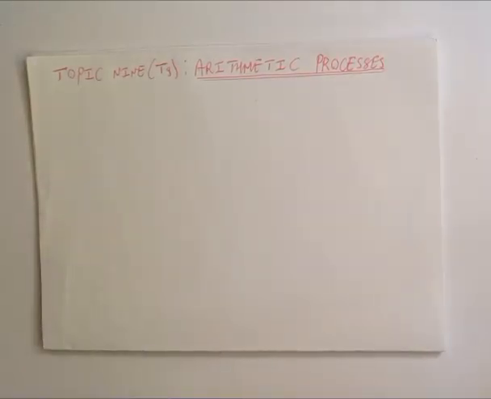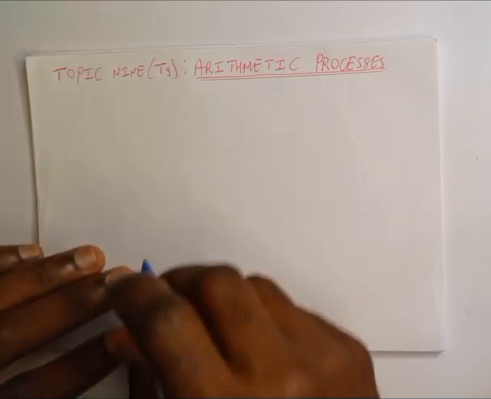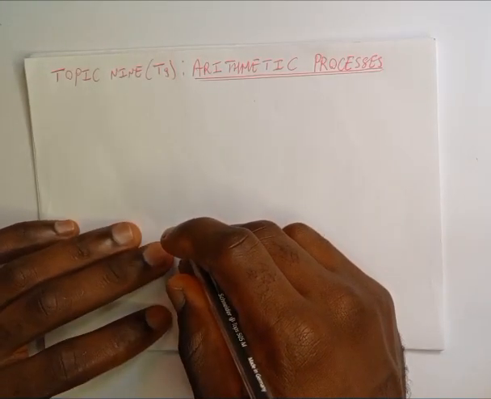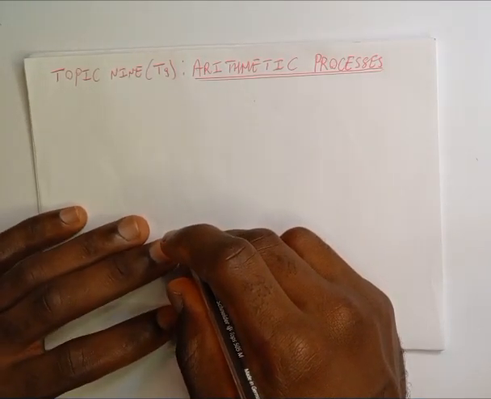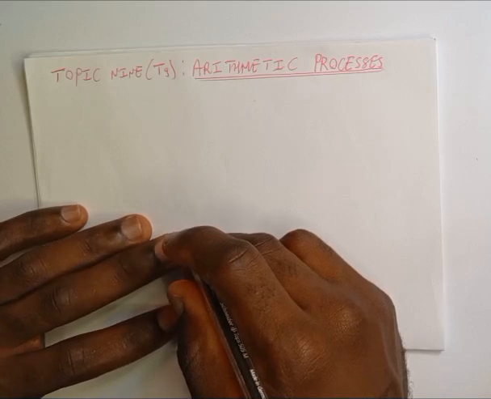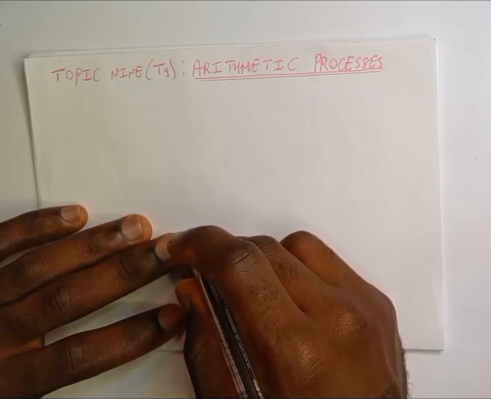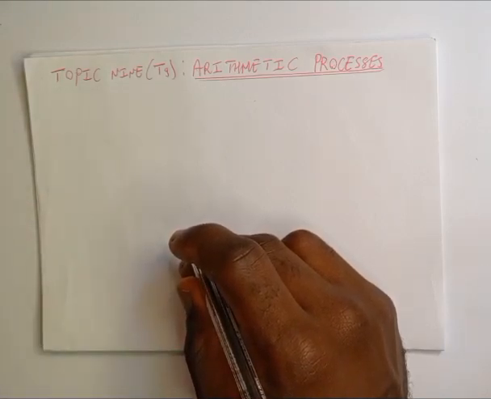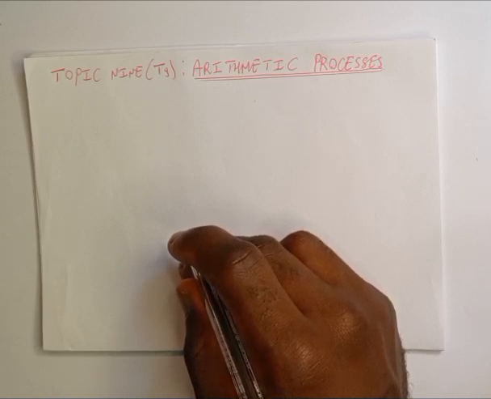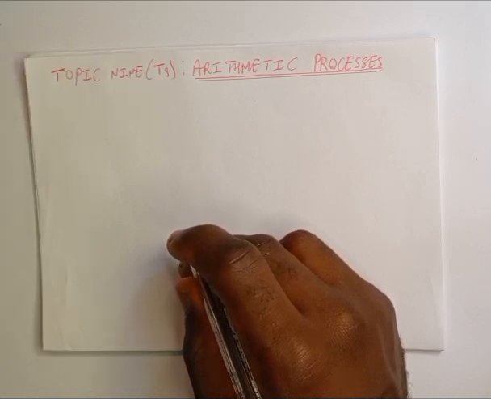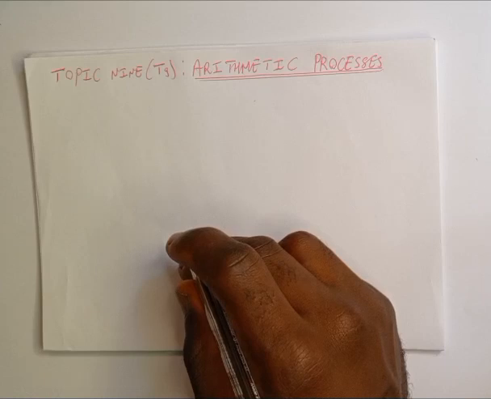Okay, when we talk of arithmetic processes, this is a branch of maths that uses arithmetic operations to solve real-life problems. For example, a man buys a plot for 3 million francs CFA, which is approximately $5,000, and sells it for 5 million francs CFA, which is approximately $8,340.